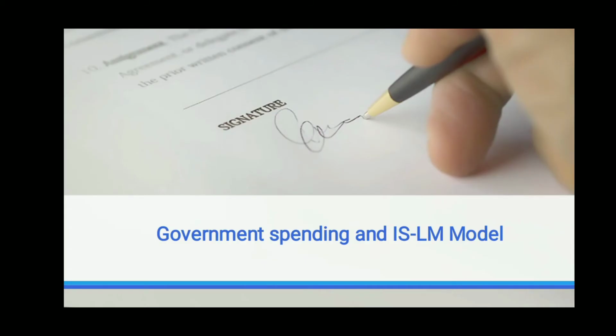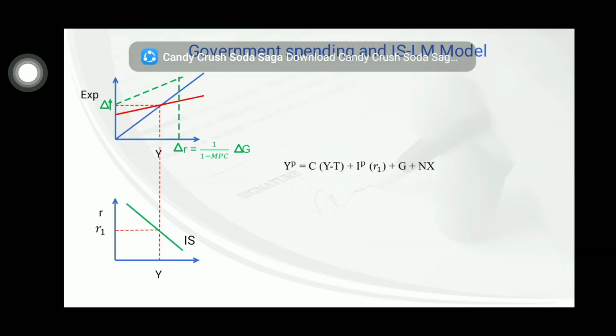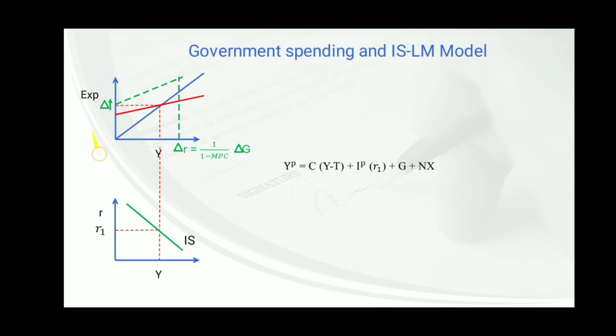And the next material is government spending and the IS-LM model. Let's think about what happens to the IS curve when government spending goes up. To think about that, let's draw our Keynesian cross. On the vertical axis, we have the aggregate expenditure. On the horizontal axis, we have the aggregate income.